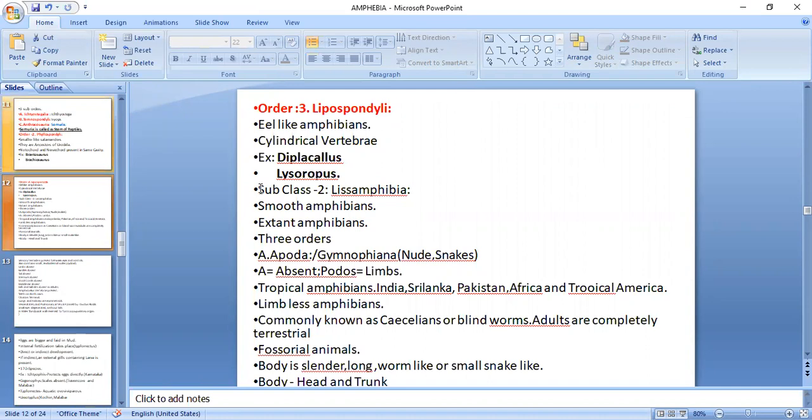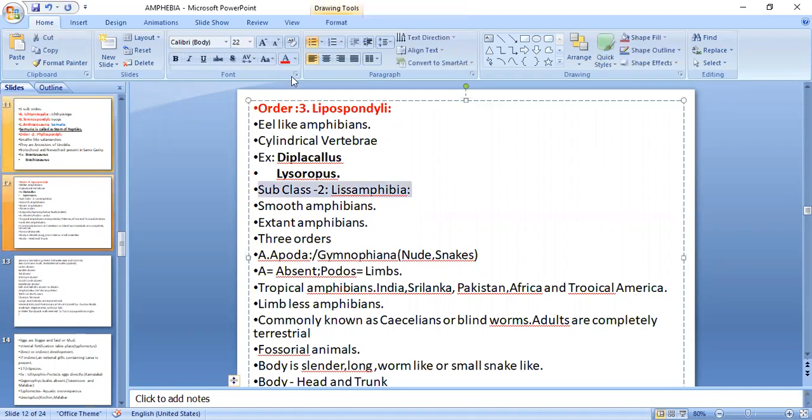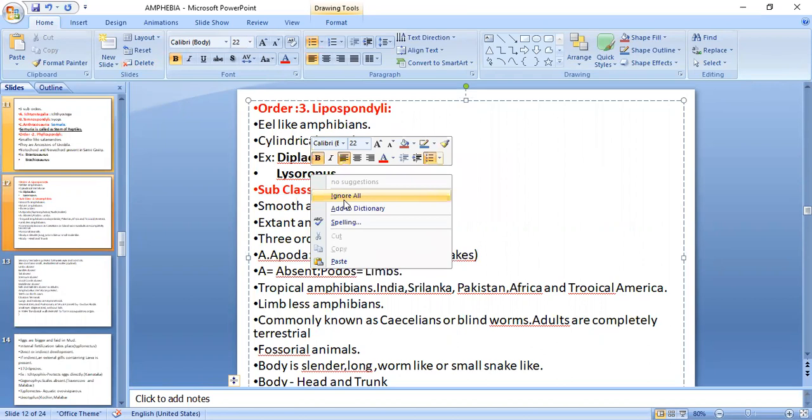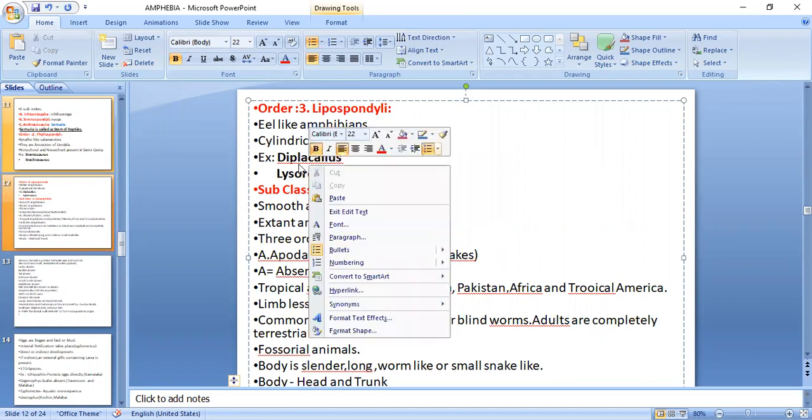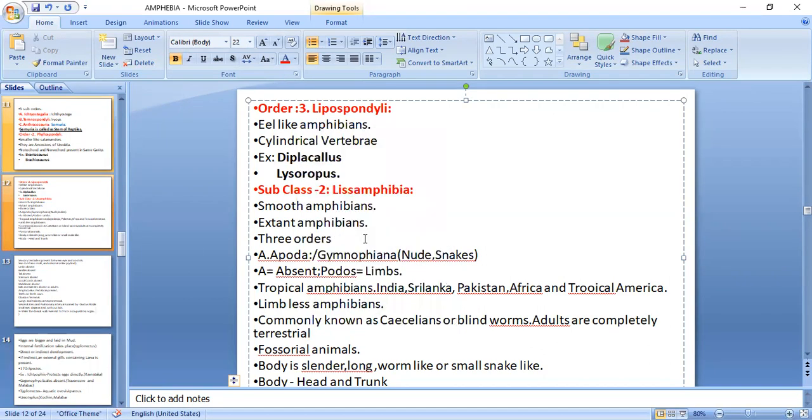The second subclass includes extant animals. This is an important point.